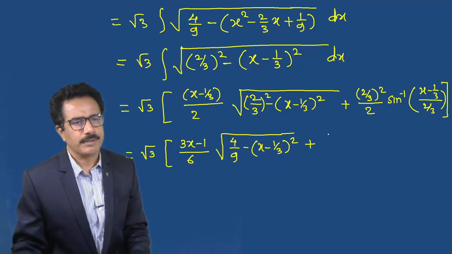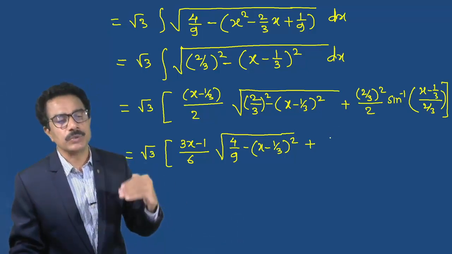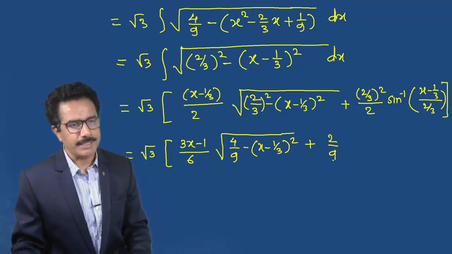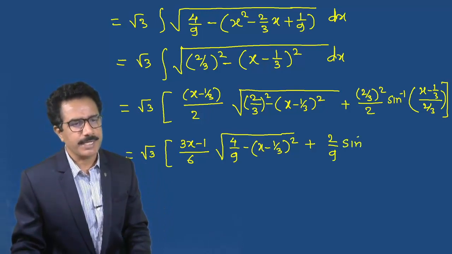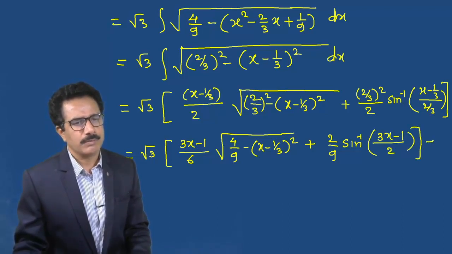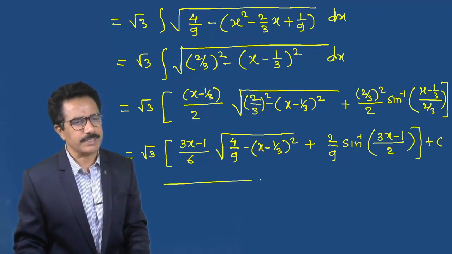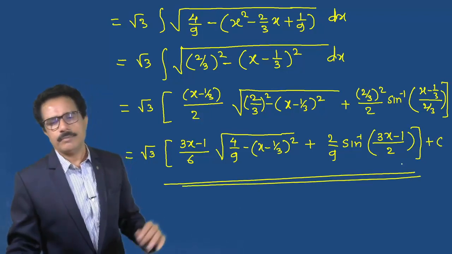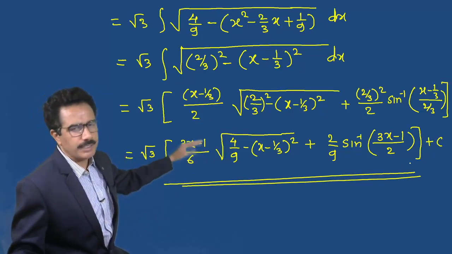Plus 4 by 9 into 2 means 2 by 9 sin inverse of 3x minus 1 divided by 2, plus constant of integration c.